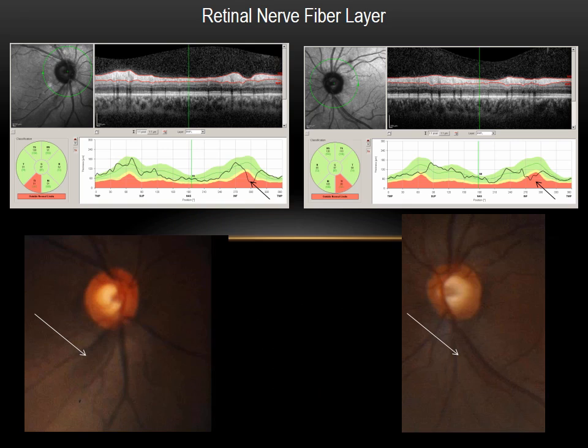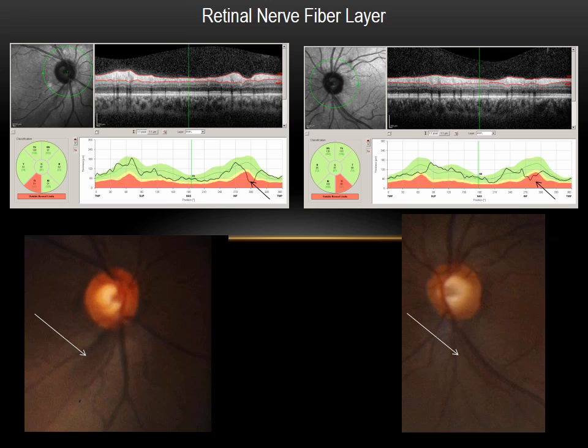We typically assess the presence of glaucoma using a peripapillary measurement using OCT, where we measure around the optic nerve, and the display of the nerve fiber layer thickness shows us, compared to the normative database, a drop in the thickness inferiorly in both the eyes of this one patient, as shown by the black arrow.